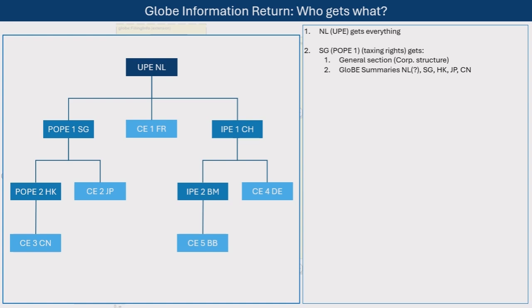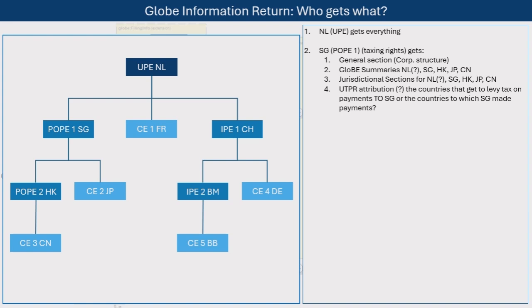But you'll see if we go to the July 23 explanation of the GloBE Information Return, there's some language which implies that this may be the case. And then one would assume they would get the jurisdictional section. So that's the detailed calculations, etc. Again, for Singapore, Hong Kong, Japan, and China. And the question is whether they would get it for Holland.